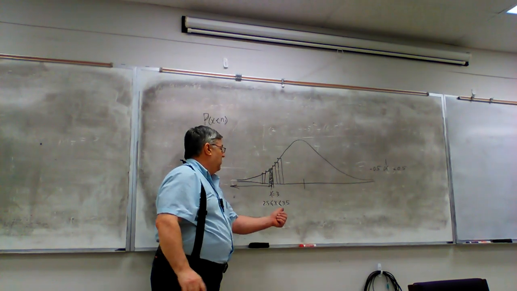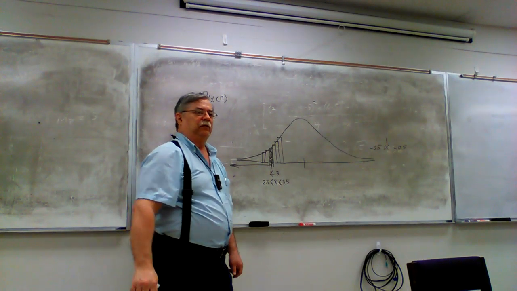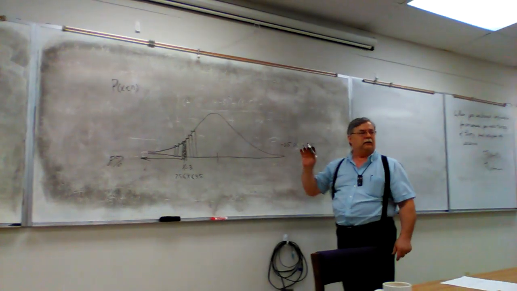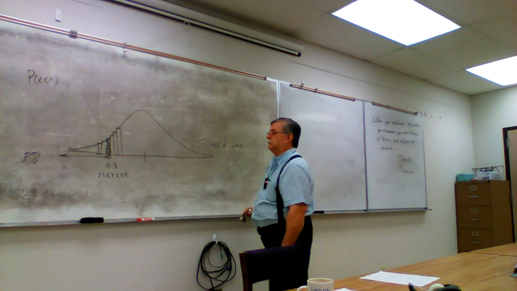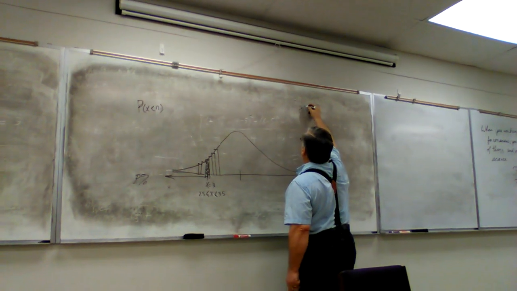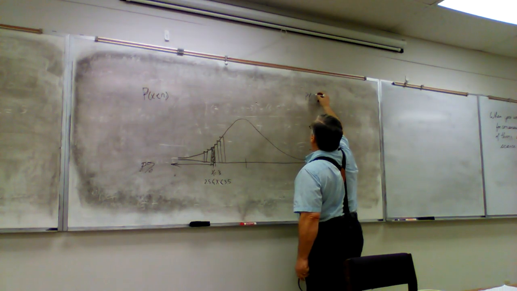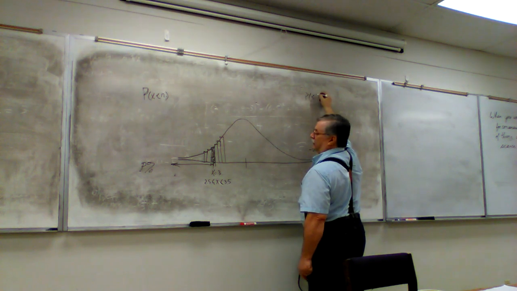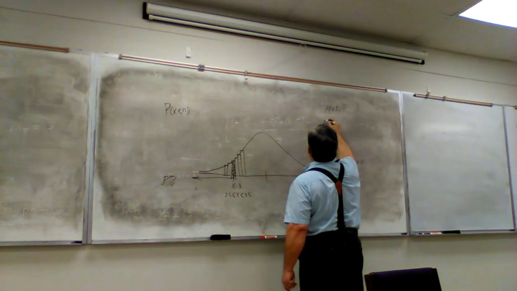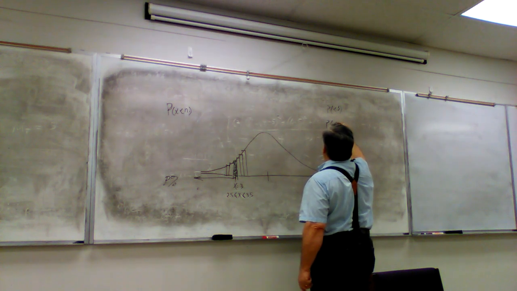What if you want to know what's less than this? If you're looking for the probability of members being less than that, well, then instead of the probability of something less than 3, you would instead look for the probability of something less than 2.5.